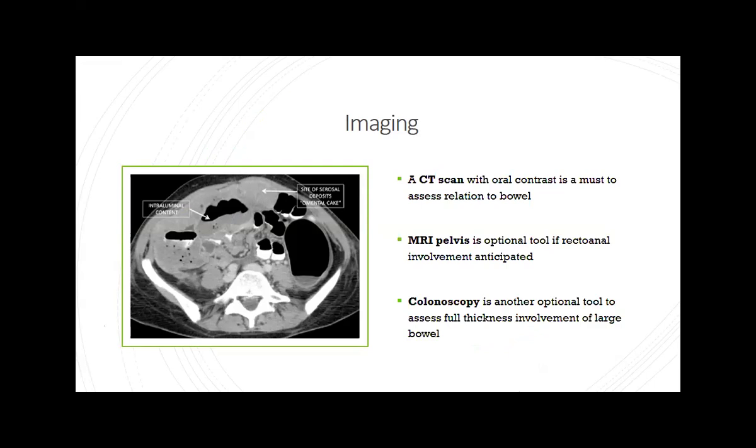If you anticipate that the rectum or the anal canal is affected, especially below the peritoneal reflection, the lowest 7 or 8 centimeters, you need an MRI, better with rectal protocol, to see the degree of infiltration exactly. You may need a colonoscopy if there is suspicion of mucosal or fold thickness infiltration. So we do a CT scan with oral contrast, plus or minus an MRI rectal protocol, plus or minus colonoscopy.